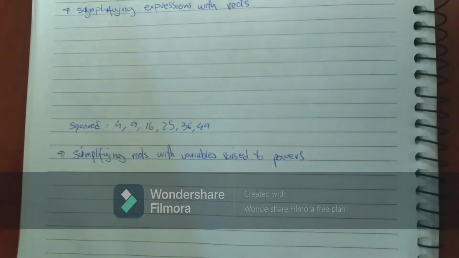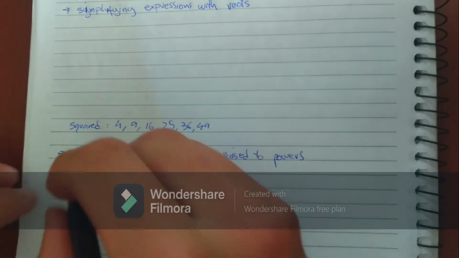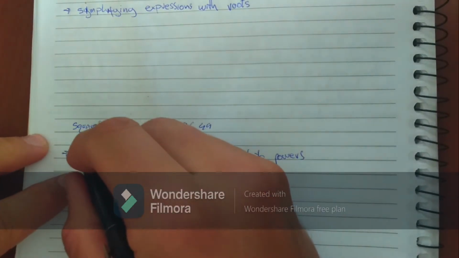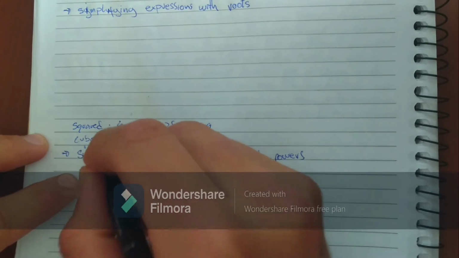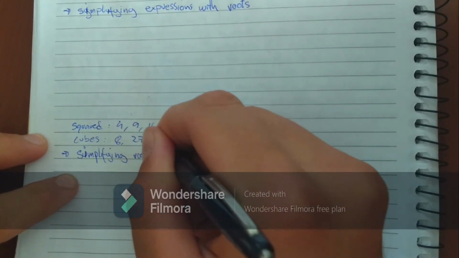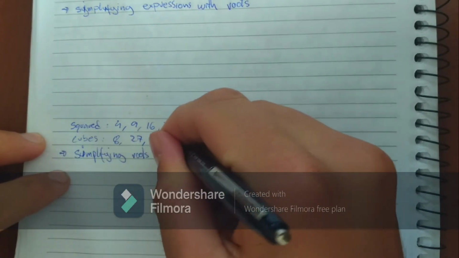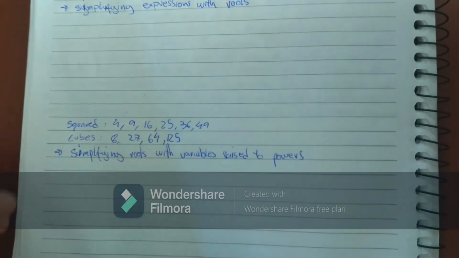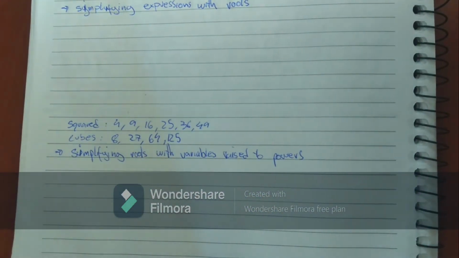These are squares that you have to memorize. These are squares that you know. They're perfect squares. And then for cubes, it will be 8, 27, 64, 125, and so on.